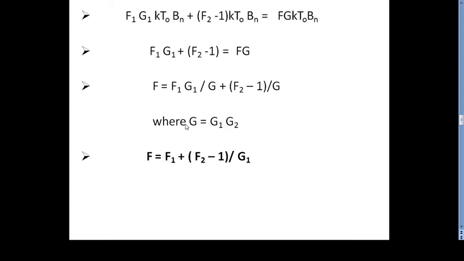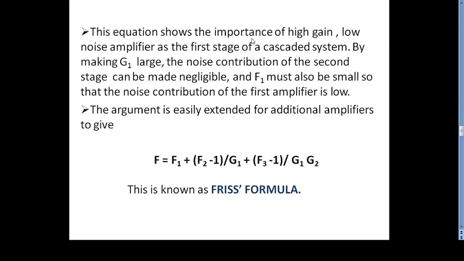This equation shows the importance of a high gain, low noise amplifier as the first stage in a cascade system. By making G1 large, the noise contribution of the second stage can be made negligible. F1 must also be small, so that the noise contribution of the first amplifier is low.